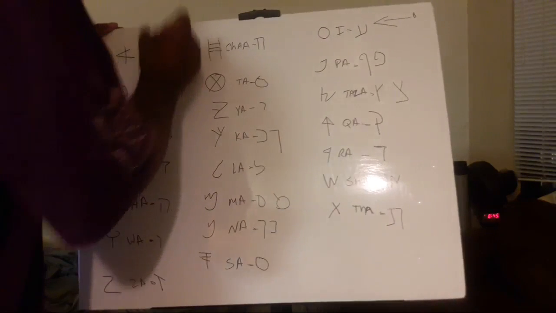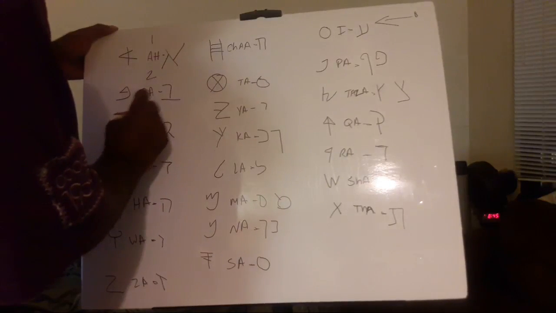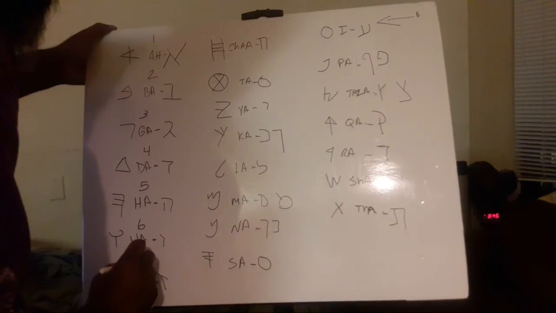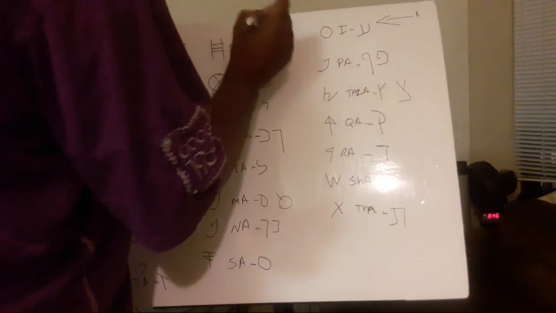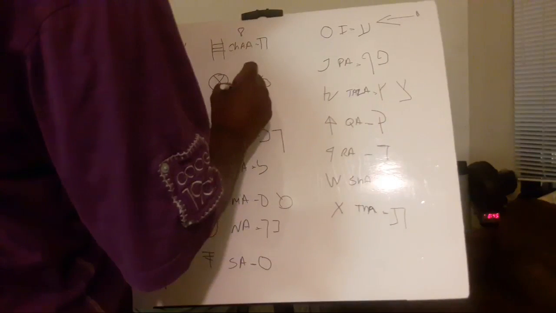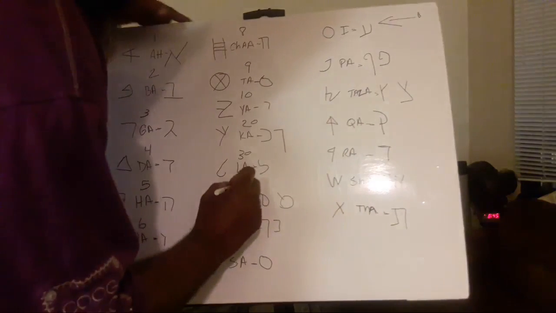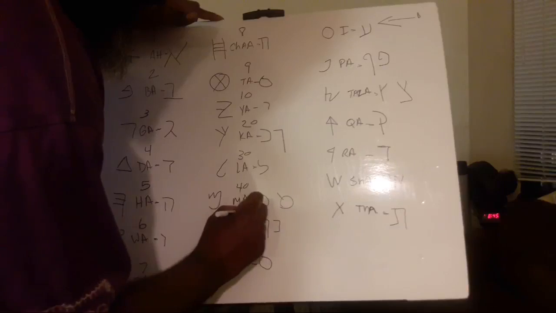So the ah would be 1, the ba 2, ga 3, da 4, ha 5, wa 6, za 7, ka 8, ta 9, ya 10, ka 20, la 30, ma 40, na 50, sa 60, I 70, pa 80, taza 90, kwa 100, ra 200, sha 300, and tha is 400.